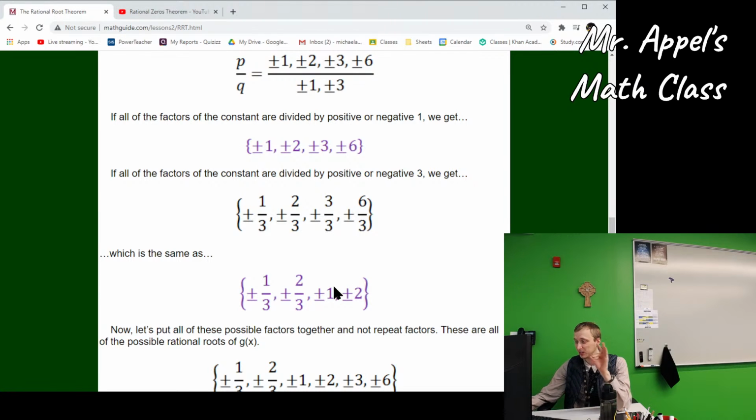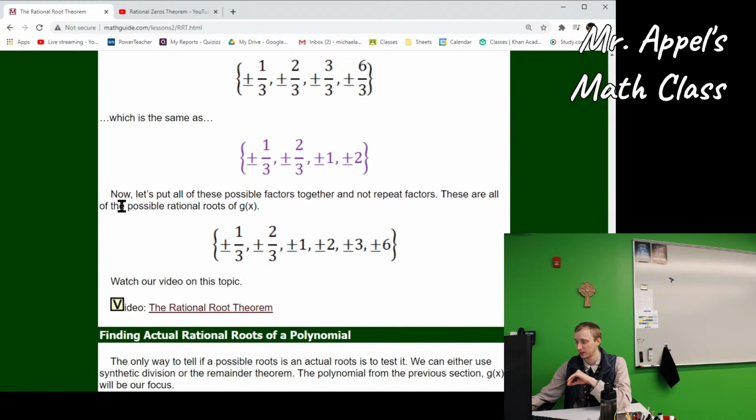So our final list, put together all the possible factors, no repeats, positive and negative of each one. We've got 1/3, 2/3, 1, 2, 3, 6. 6 numbers. Well, actually 12 because you have the positive and the negative of each one. Okay?